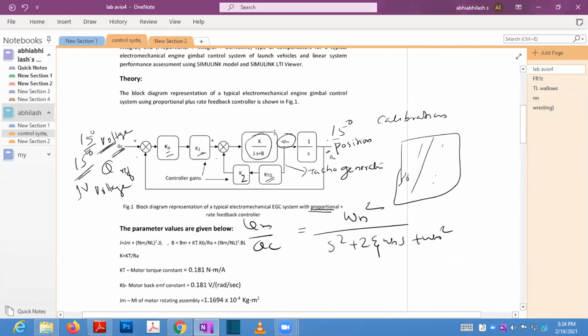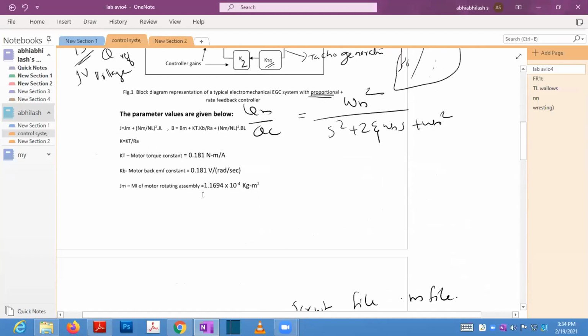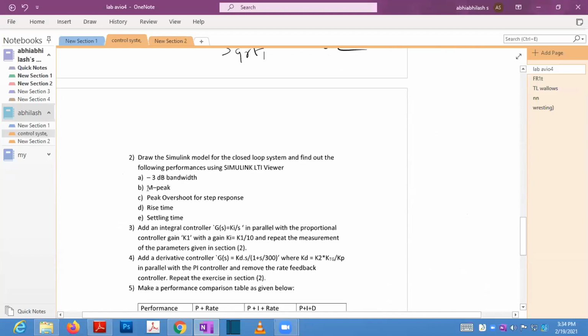And after that we can make this using Simulink. That is the second question. Draw the Simulink model of the closed loop system and find out the specifications. These two specifications will be covered next week, regarding Bode response only. And these three are for step response.